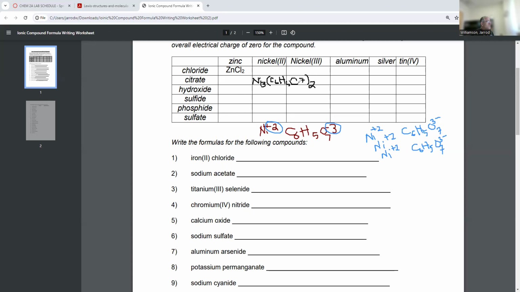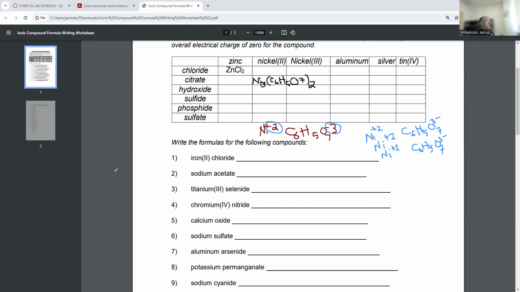That would be the formula there. This is nickel 3, right? The 3. That would be the formula for that one.